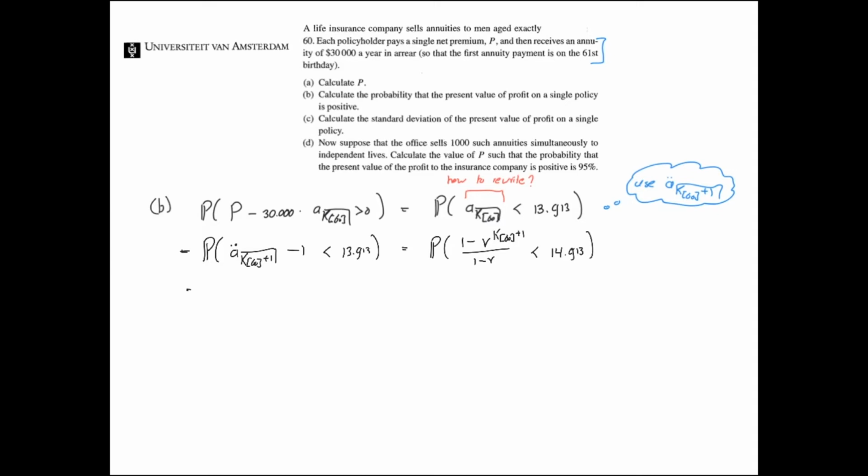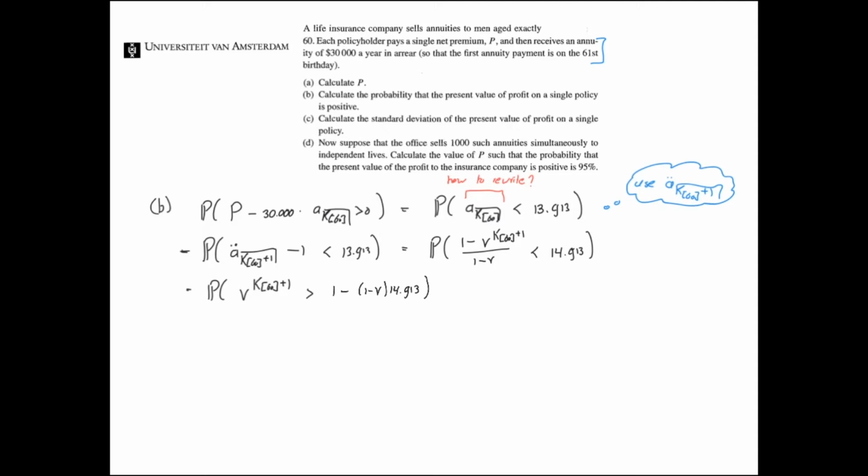Rewriting this gives us that v to the power K60 plus 1 is larger than 1 minus v times 14.913. So I subtracted 1 and I multiplied by 1 minus v.